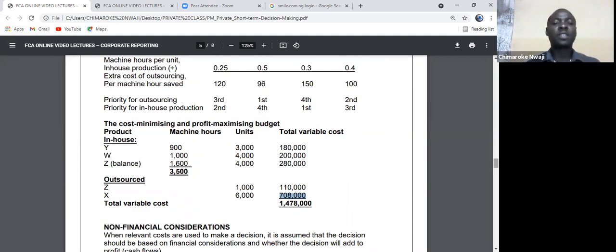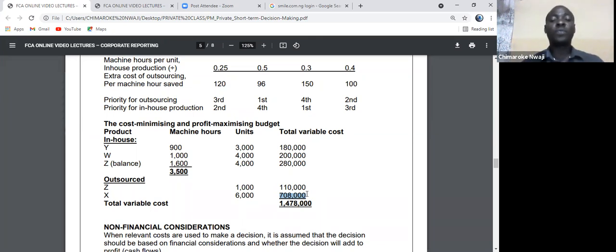The savings, the cost that you are saving, will be smaller than the cost you are going to spend. So you'll be thinking that you are saving, but you'll be spending more doing X. So it's good you outsource it based on this number of hours.